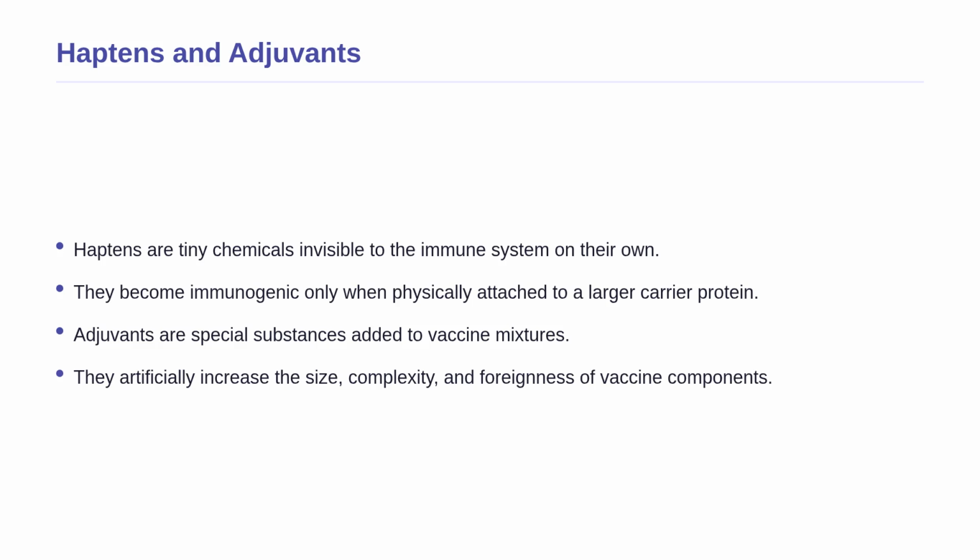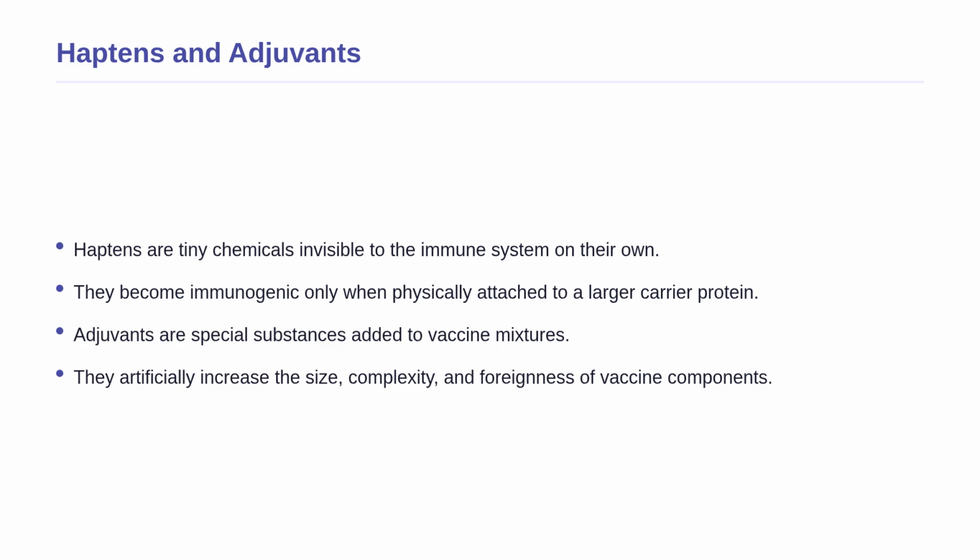Knowing these factors allows us to manipulate the immune system, which introduces us to haptens and adjuvants. As we saw in the diagram, haptens are tiny chemicals, like penicillin, that are completely invisible to the immune system on their own because they lack size and complexity. They only become dangerous immunogens if they accidentally attach to a larger carrier protein in your body.